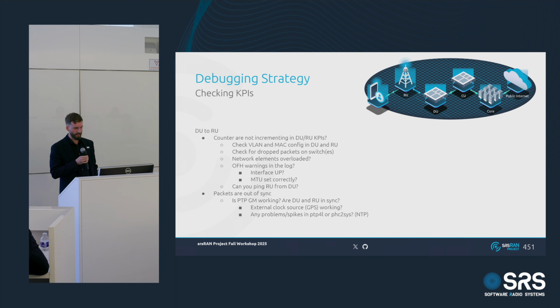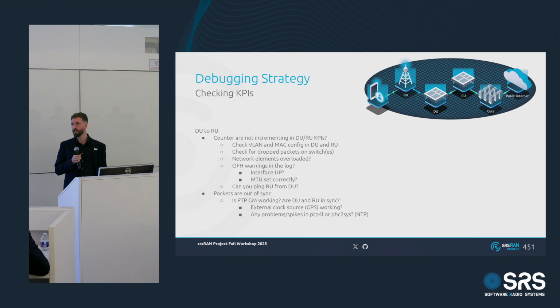Then we look at the connection between DU and RU. Once the network is up and test mode is running, maybe it shows me a little bit of errors. I first go to the KPIs of the RU and the DU to see packets arriving in time. One of the most common errors is, for example, that VLAN and MAC config in the DU or RU are wrong, so packets are not arriving on one of the two sides.